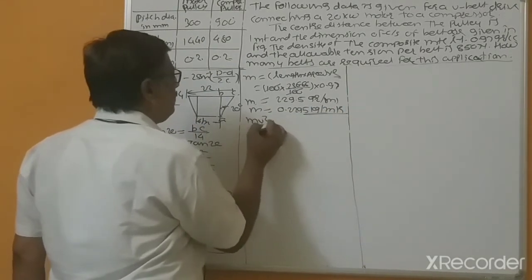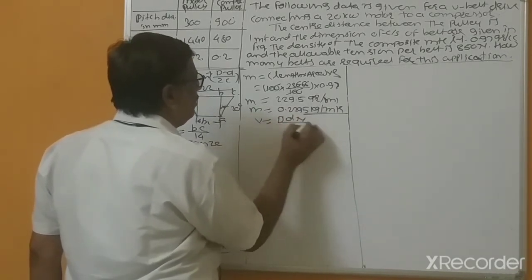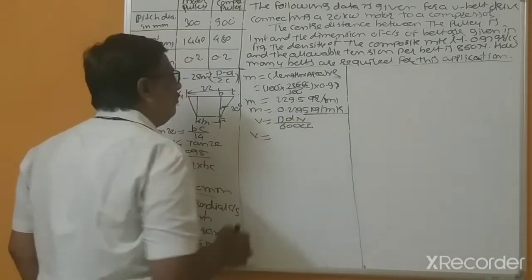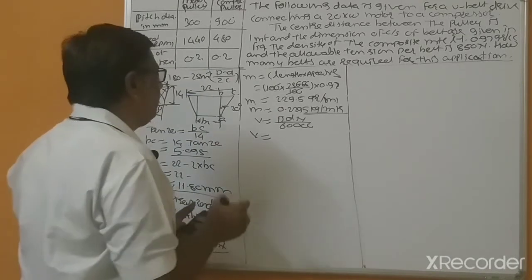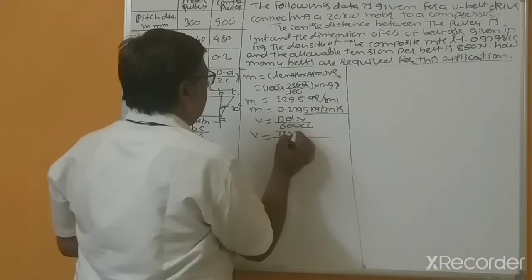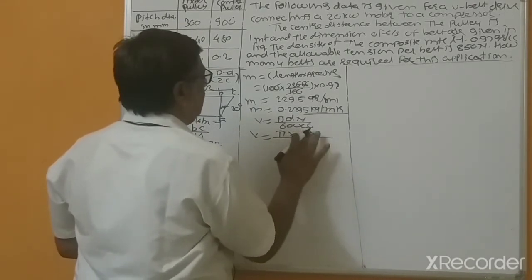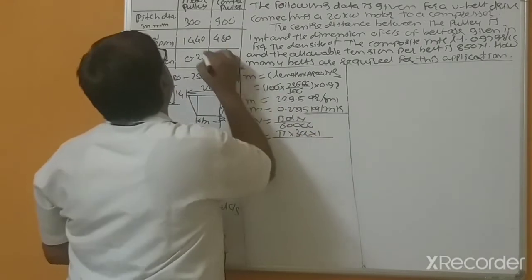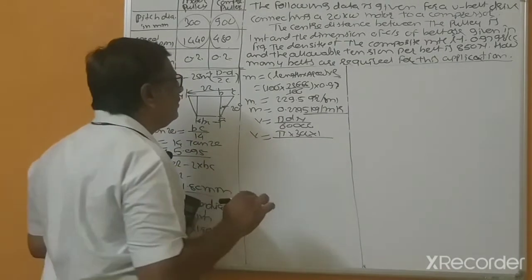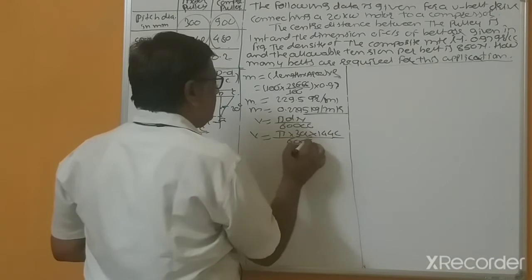Now mv square. V equal to pi d into n divided by 60,000. V equal to pi, diameter of the smaller pulley 300, 1440 rpm. You take this pair or this pair, you can take any pair.